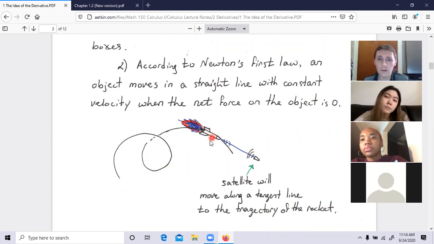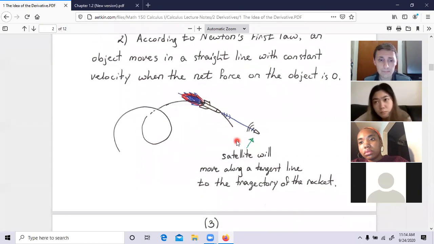So for example, if I have this rocket and I release a satellite, the satellite will fly on a trajectory that is aligned tangent to the curve. Okay, that's what would happen. So when you speak of tangents to the curves, you are talking about the implementation of Newton's ideas.